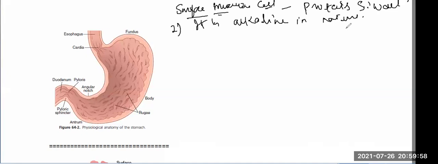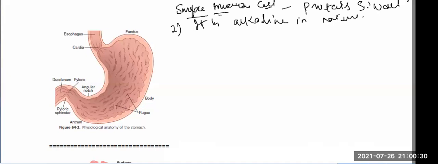Irritation might be due to something acidic, so this alkaline mucus will again protect your stomach wall. Like we have already gone through, just remember that only food in the stomach will stimulate the release of gastric juice from the gastric glands, the pyloric glands and the surface mucous cells. Only the presence of food in the stomach will stimulate these secretions from the glands.